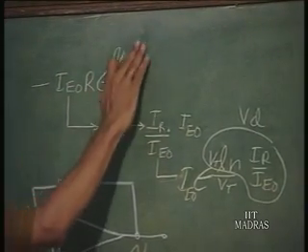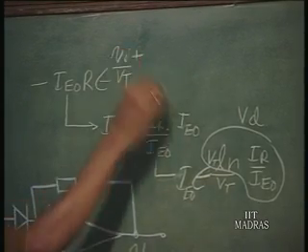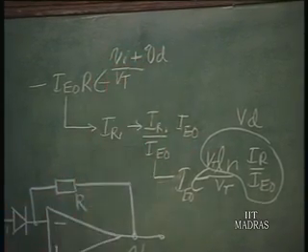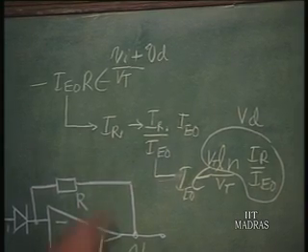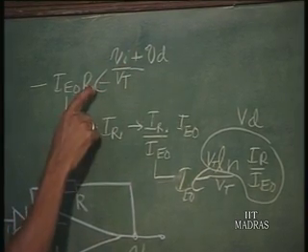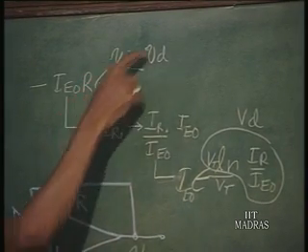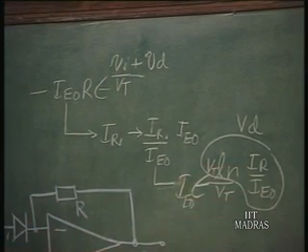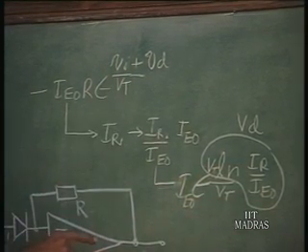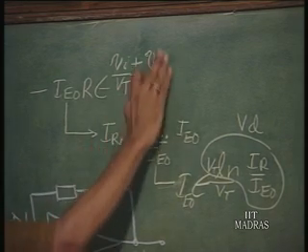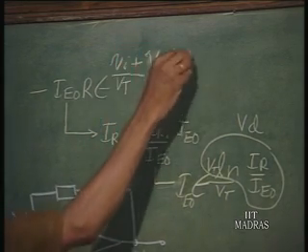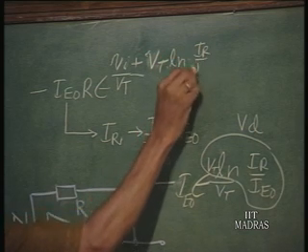So, if it is normal Vi plus this voltage corresponding to this V diode, then we know that this factor is going to be exponent Vi by Vt into exponent Vd by Vt, and Vd is Vt log IR by IE naught, and that Vt by Vt gets cancelled.